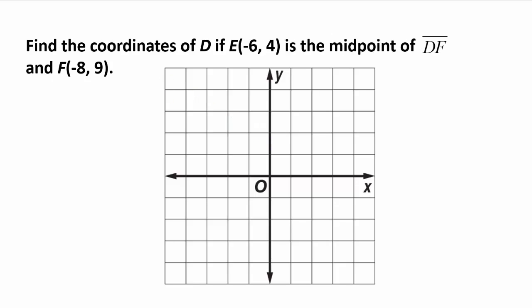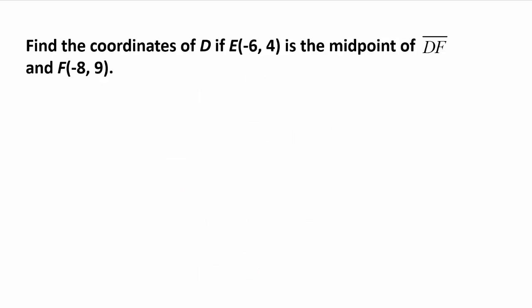So far, we've used the midpoint formula to calculate the midpoint when we've been given both endpoints to a line segment. Let's take a look at a different situation. In this example, they want us to find the coordinates of D if E is the midpoint of line segment DF. Let's take a second and try to visualize what it is that they're asking us.